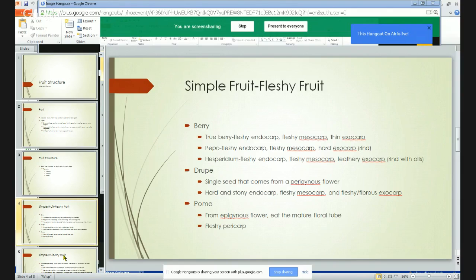Okay, the next set is going to be the drupes. So these are still the simple fleshy fruits. These guys are going to have a single seed that comes from a pyrogenous flower.